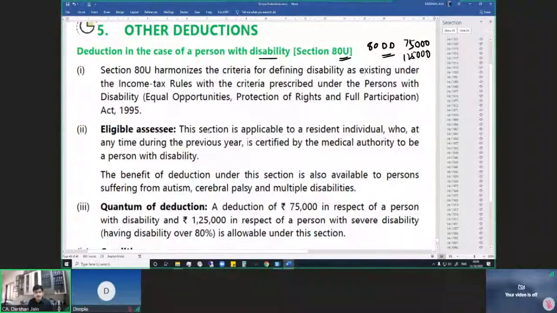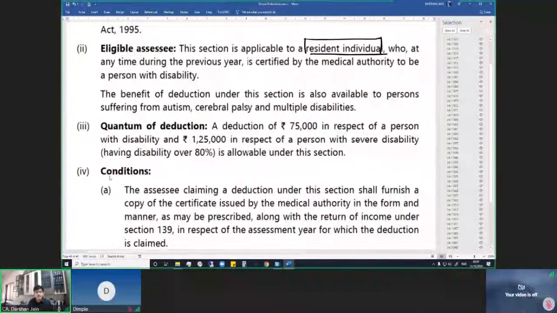The eligible assessee is a resident individual, so only residents and individuals are covered. Who at any time during the previous year is certified by a medical authority, the civil surgeon, to be a person with disability. The benefit of deduction under this section is also available to persons suffering from autism, cerebral palsy or multiple disability.